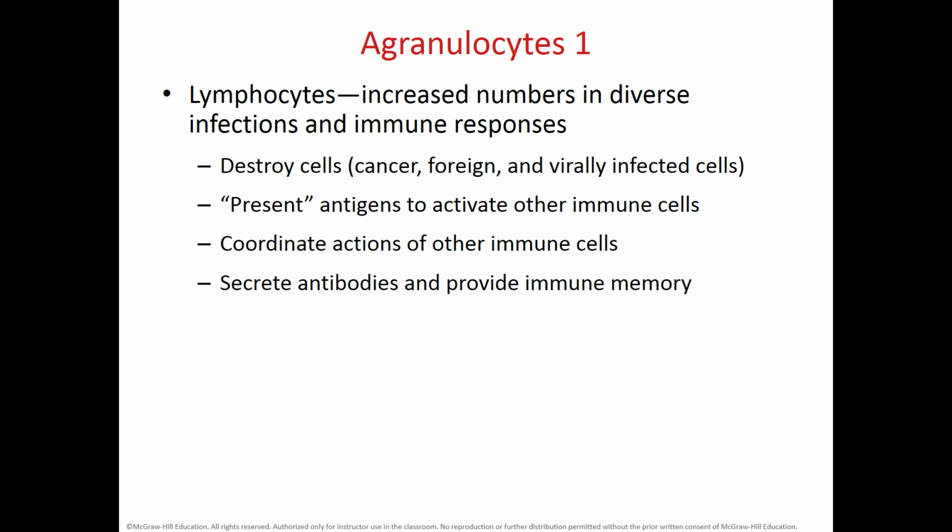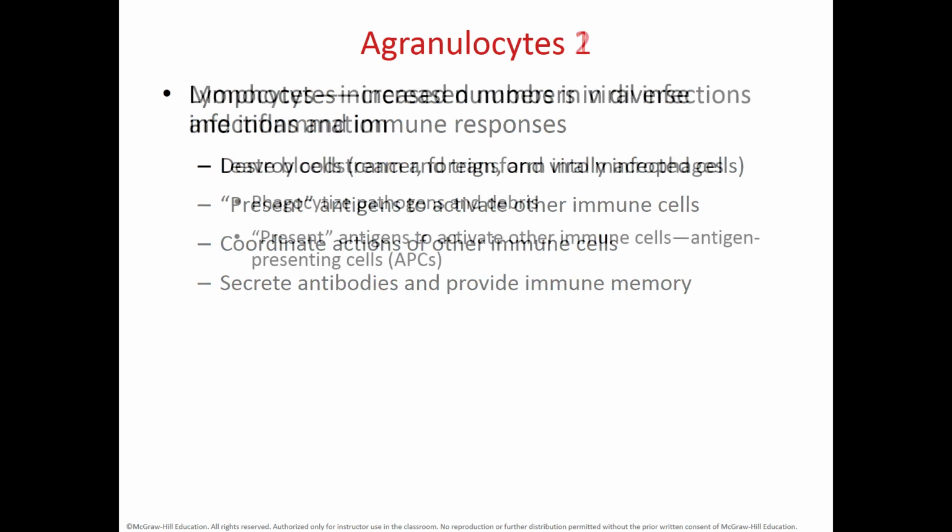Another function is to present antigens to activate the other immune cells and also help to coordinate the action of other immune cells, and the B lymphocytes specifically, which we will see later on in the immune system chapter. These B lymphocytes are known as plasma cells, secrete antibodies, and help to provide immune memory.